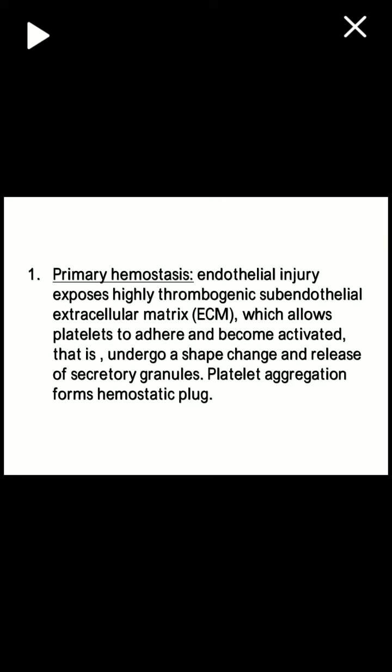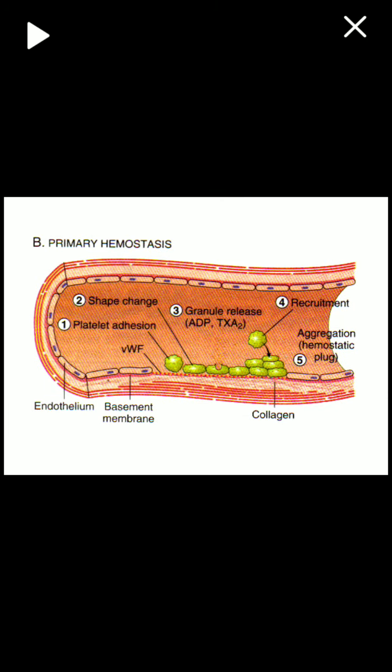Primary hemostasis is basically endothelial injury exposing highly thrombogenic subendothelial extracellular matrix, which allows the platelets to adhere and become activated, that is, undergo a shape change and release of secretory granules, and platelet aggregation, which forms the hemostatic plug. In this picture you can see the site of injury where there is exposure of collagen, and the green colors are all platelets.